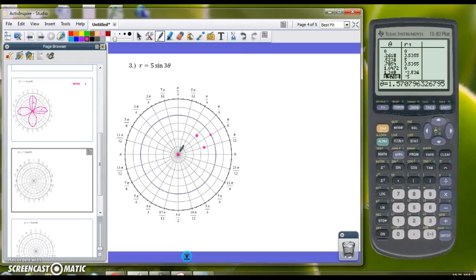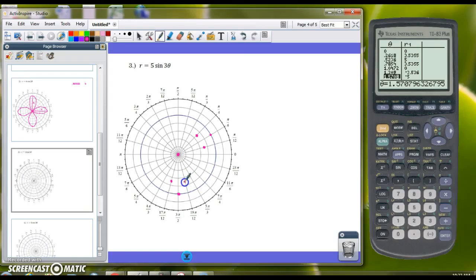That was for pi over 2, we ended up back at 0. I'm sorry, at pi over 3 we ended up back at 0. Then at 5 pi over 12 we're at negative 3.5, so we're here. And then at pi over 2 we're down here at negative 5.